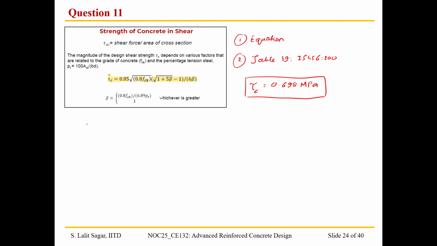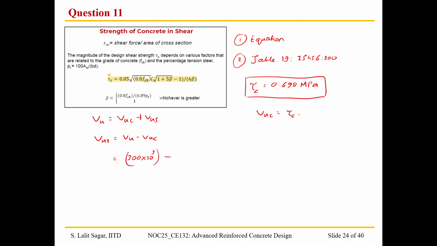Okay, thank you. So we have VU equal to VUC plus VUS. Now we need to design the stirrups. VUS is equal to VU minus VUC, that is 300 into 10 to the power 3 minus VUC.